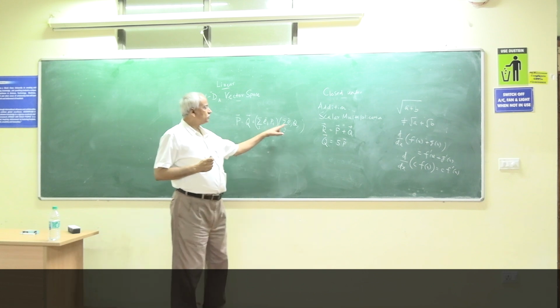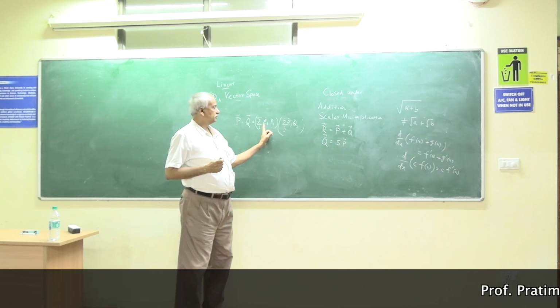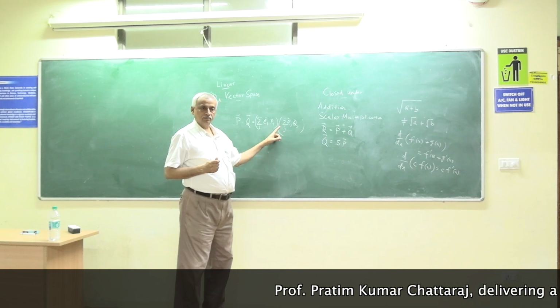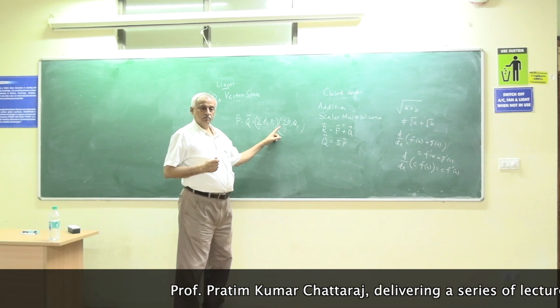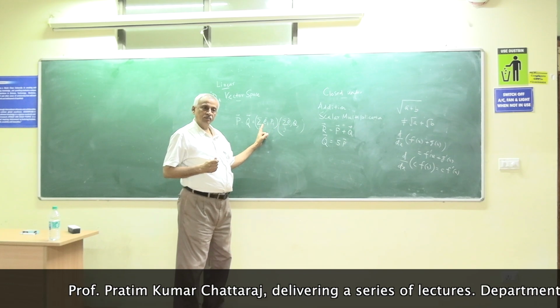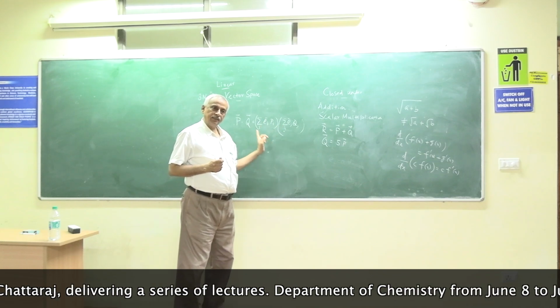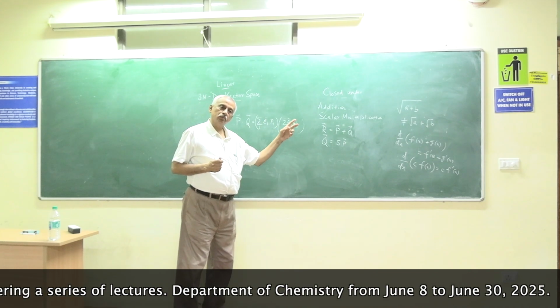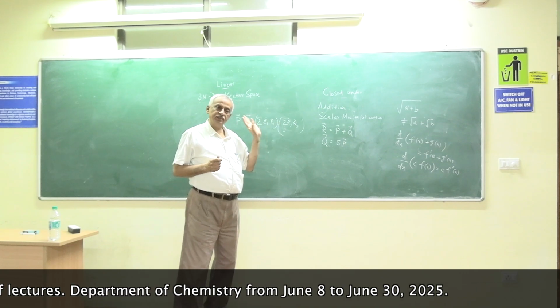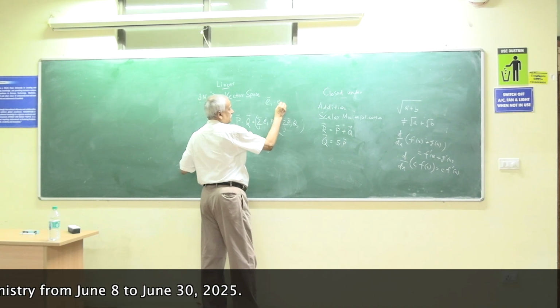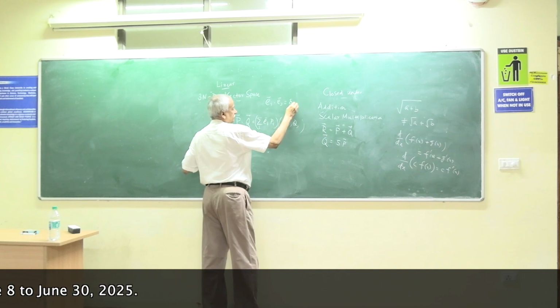Now you can see all possible terms will come, all possible Ei dot Ej terms. Only when i equals j will those terms survive. Other terms will vanish because Ei dot Ej is the Kronecker delta ij, isn't it?